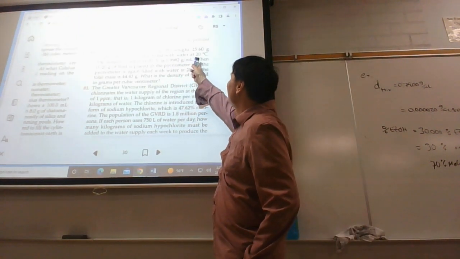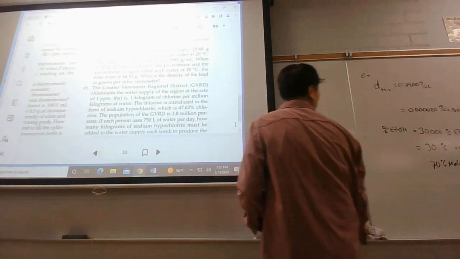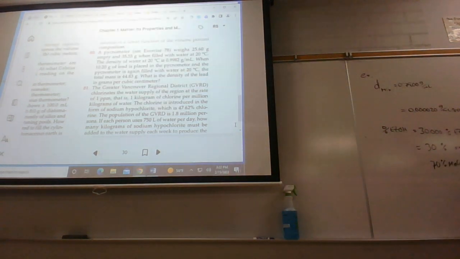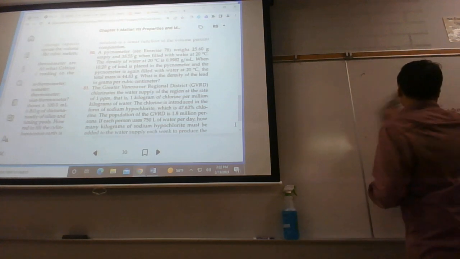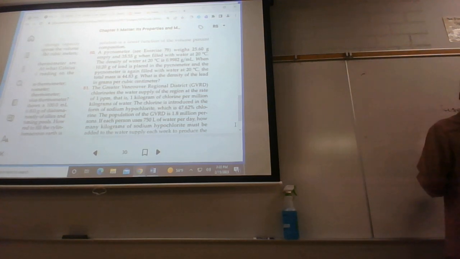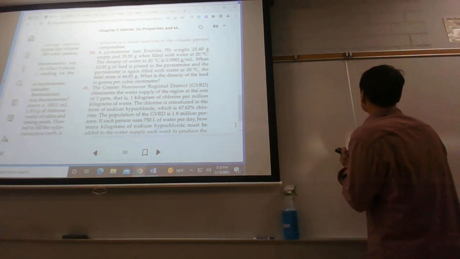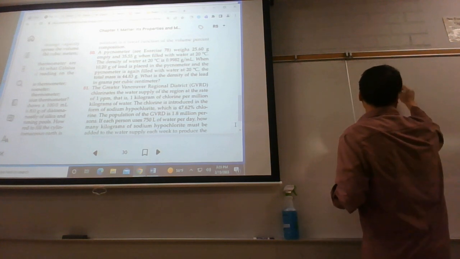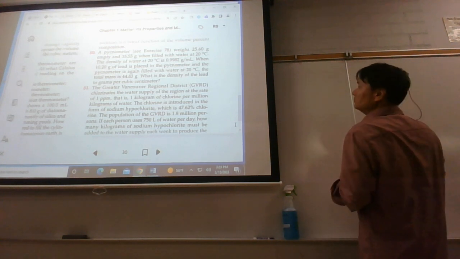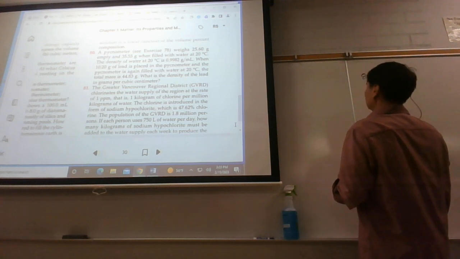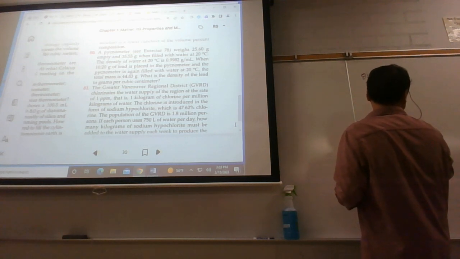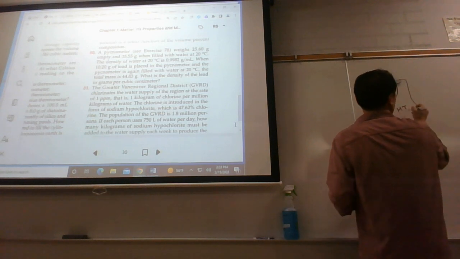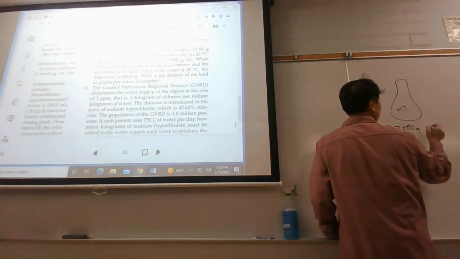Problem 80. A pycnometer weighs 25.60 grams empty. Empty is often abbreviated MT. So this is just the pycnometer.